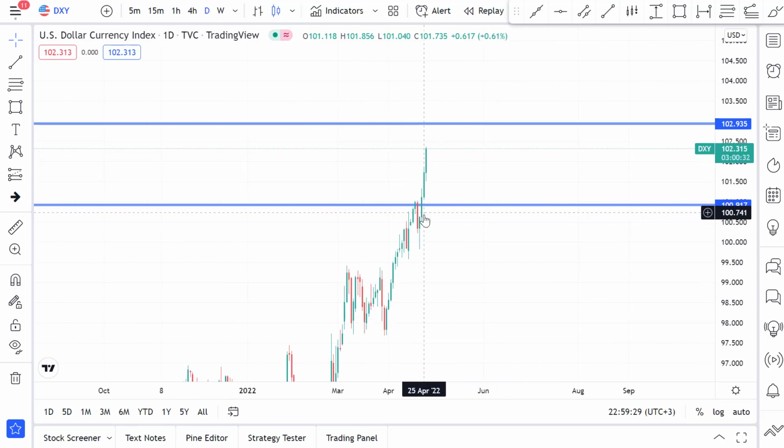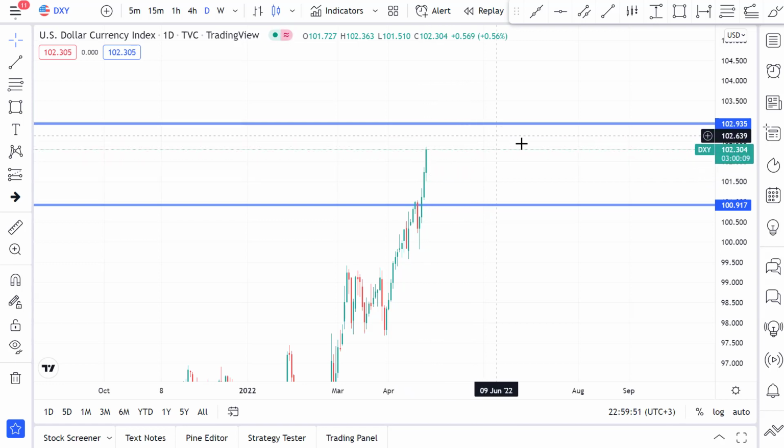So you need to wait for this zone, and we are going to have some correction here, and after that we might see a breakout of this line and pull back, the rest of the trend, or maybe this line and we are going to have some reaction and going back to this line or some days of trading range.